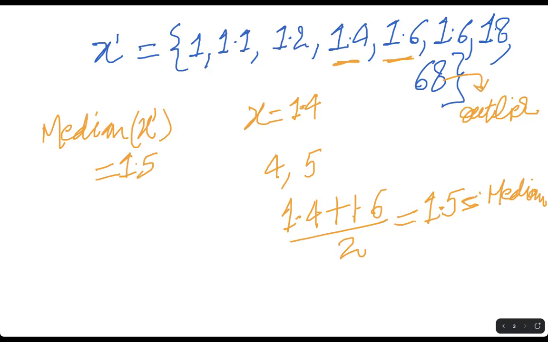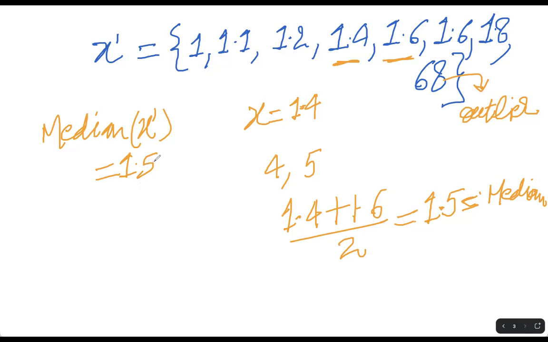Now, this is very similar to your mean, right? This is my mean, and the median is 1.5, which is very similar to your mean. So what's happening here is, by just adding one point, instead of taking the fourth value, you are taking the average between the fourth and the fifth value, right?